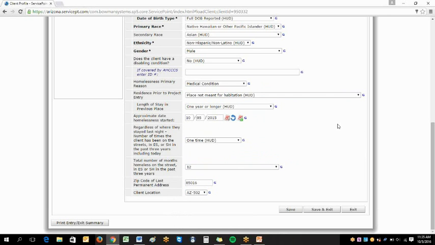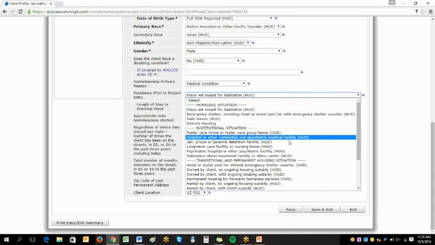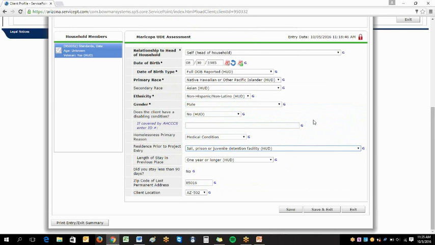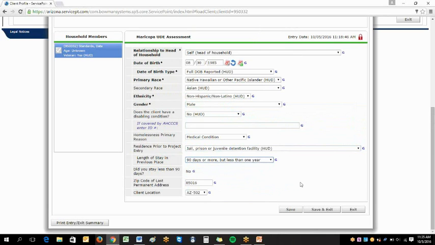Now, the next example would be a residence prior to project entry coming from an institutional situation, such as jail, prison, or juvenile detention facility. Once you have answered that question, the length of stay in previous place, our client reports to be there for 90 days or more.